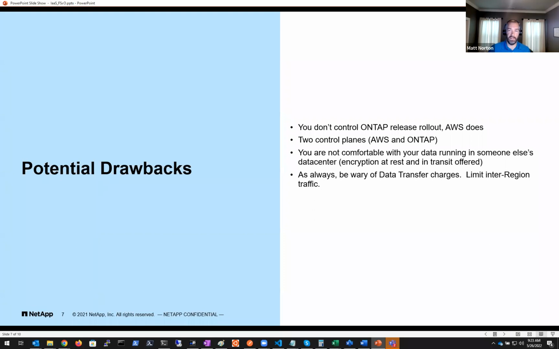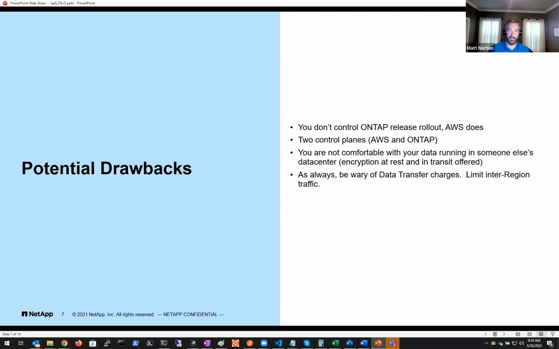The other thing, the second bullet here, I didn't really think about this honestly until we got our feet wet with CVO, is that unlike many services in the public cloud, there are two control planes. There's the Amazon CLI and API, and then there's the ONTAP CLI and API.